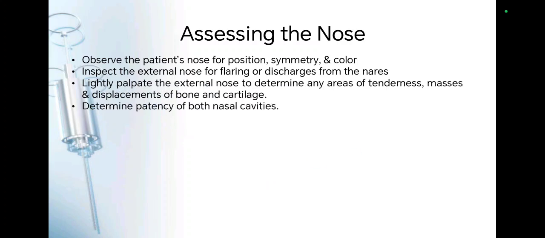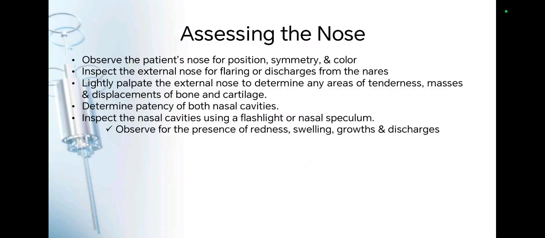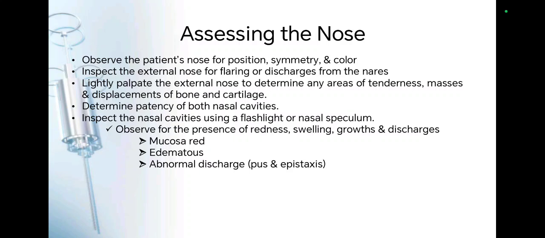Inspect or lightly palpate the external nose to determine any areas of tenderness, masses, and displacement of bone and cartilage. Determine the patency of both nasal cavities, and inspect the nasal cavities using a flashlight or nasal speculum for the presence of any redness, swelling, growths, and discharges. So you have to check if the mucosa is red, edematous, or if it has pus or epistaxis.